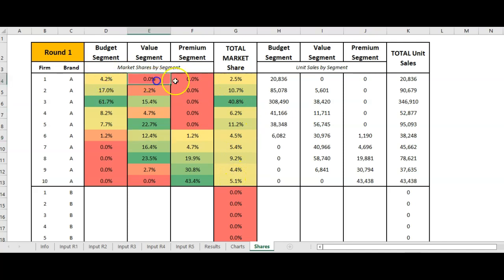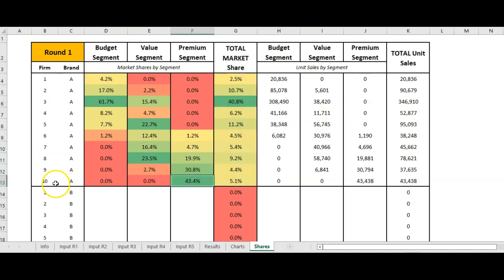Now, as you can see, these don't add up because the segments are different sizes. So the budget segment initially is the largest, or remains the largest, but that's the medium size, that's the small size. This is growing quickly, growing fairly quickly, growing not really. It's a mature market. So students need to weigh that up. But anyway, that's why we have a different market share here to what's here.